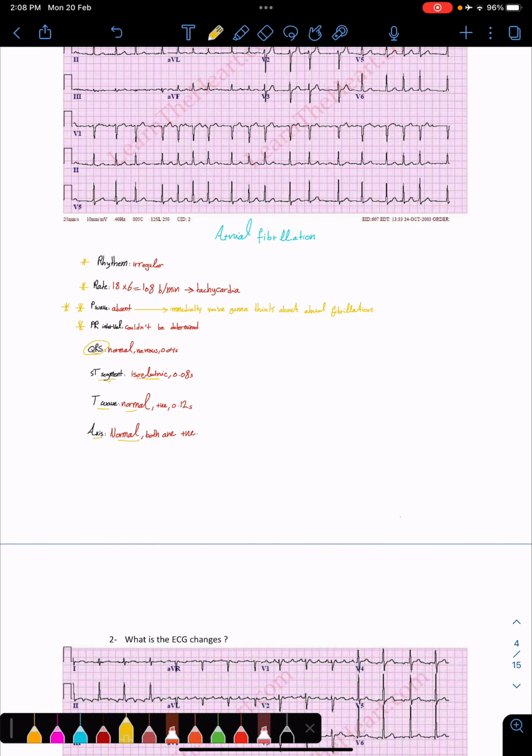But I wanted to say that once you see this figure right here, you're going to see there's an atrial fibrillation, because you don't see the P waves at all. There's no P wave. So that indicates that there is a problem in the atrium, and that could be atrial fibrillation, right?